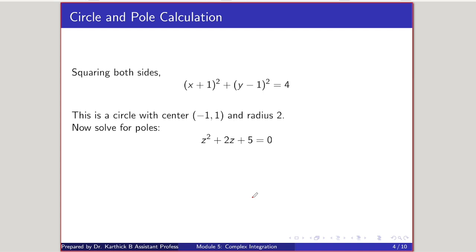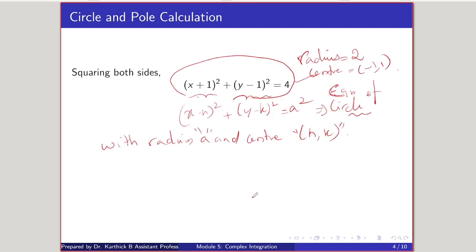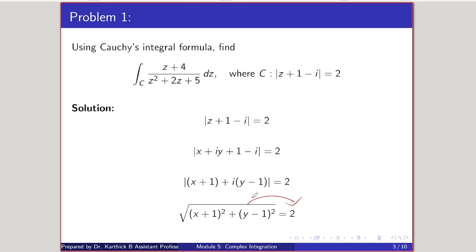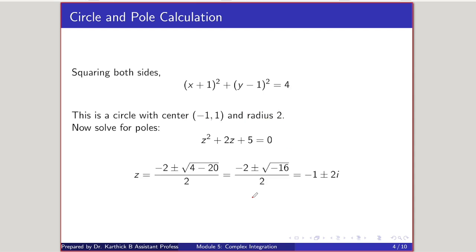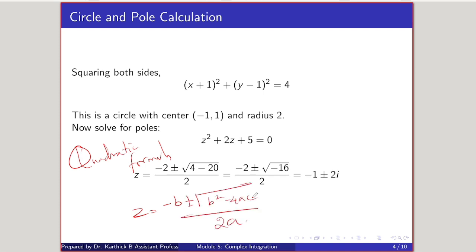Now solve the poles. How do we find the poles? We have to take the denominator of the given function and equate it to 0. Then I may use the quadratic formula: z equal to minus b plus or minus square root of b square minus 4ac by 2a.